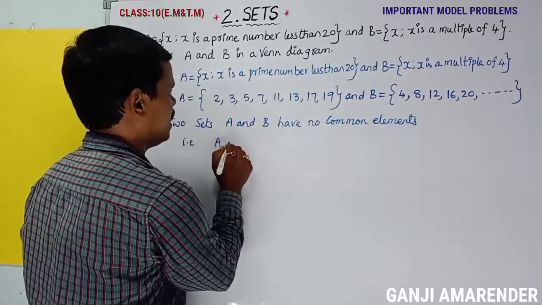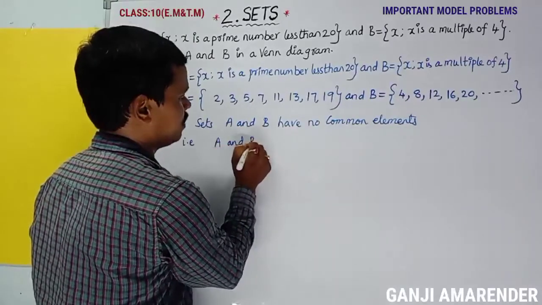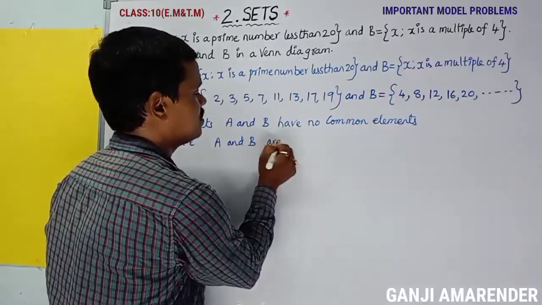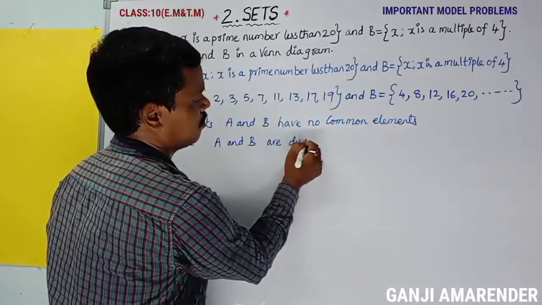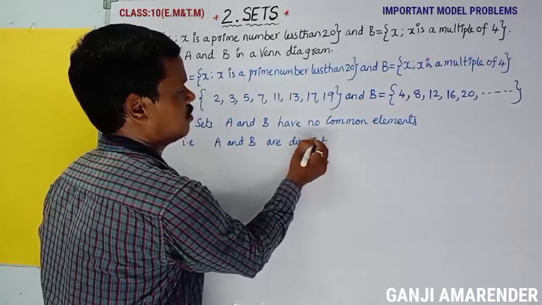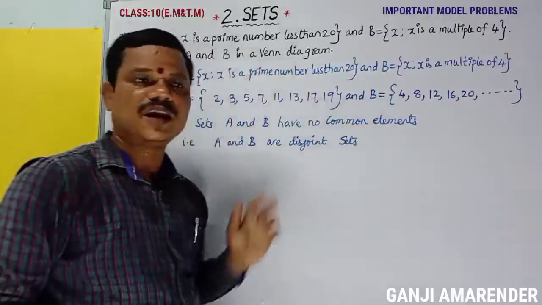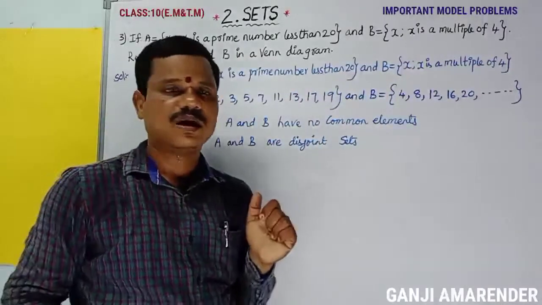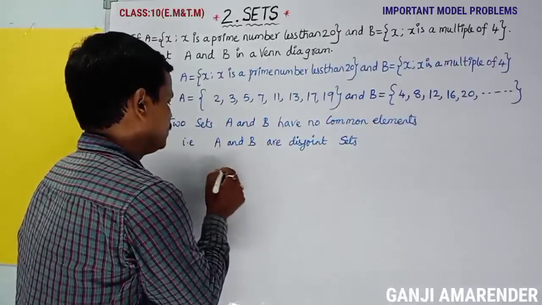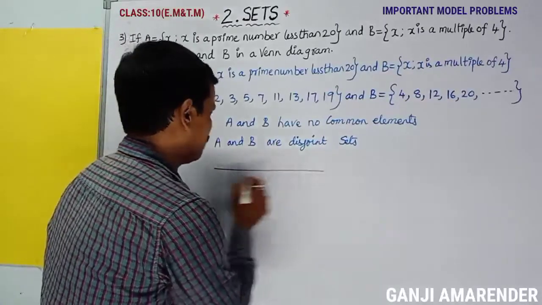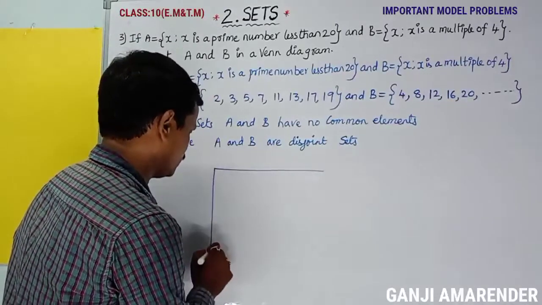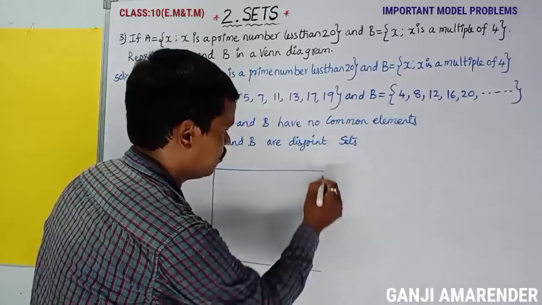The sets A and B are disjoint sets. Represent A and B in a Venn diagram. So first draw the rectangle box. This is the universal set.